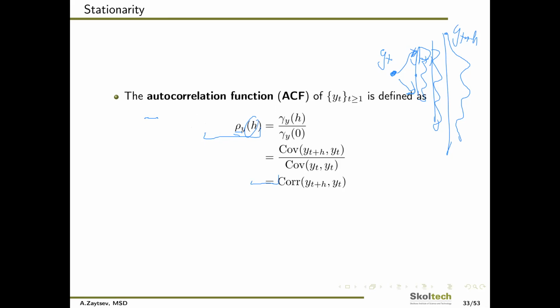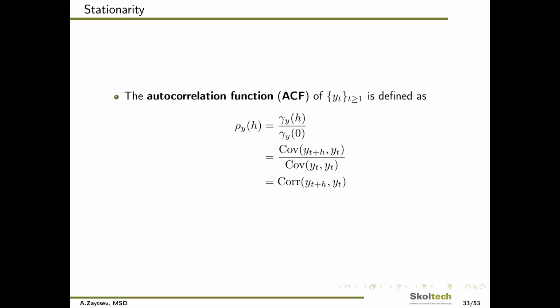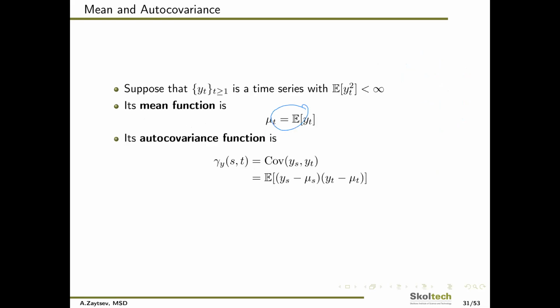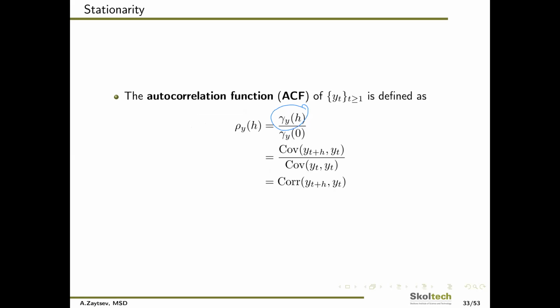And we can move further and try to define some additional things that are useful for time series analysis. At first, I would like to introduce the autocorrelation function. This is the ratio of the function gamma, which we defined as the autocovariance function.